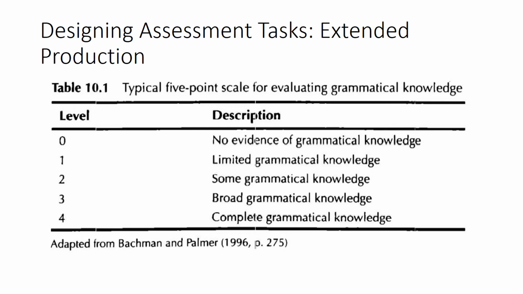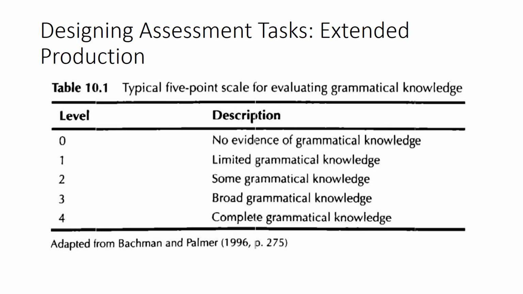Here is an example of a rubric or rating scale that the teacher may adopt in scoring the production or the answers of his or her students, for example, if you are asking them to write a paragraph or an essay or produce a spoken text throughout a conversation exam. So here you can have such a rubric in order to score the answers of your students.